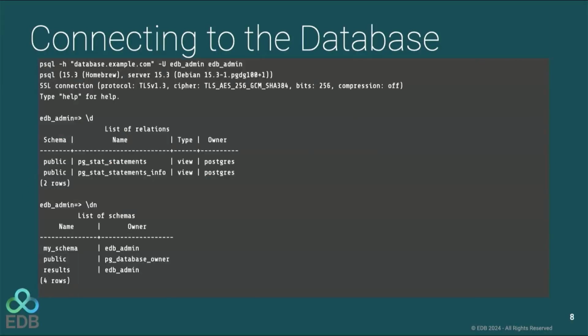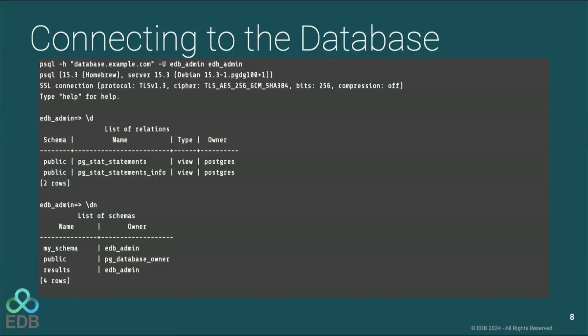Now, once you've connected to the database, you can look at things like what tables are there. You can see here I do a \d, and then you see these two views. The thing is, many of our customers in the past have put all their database information into another namespace or schema.